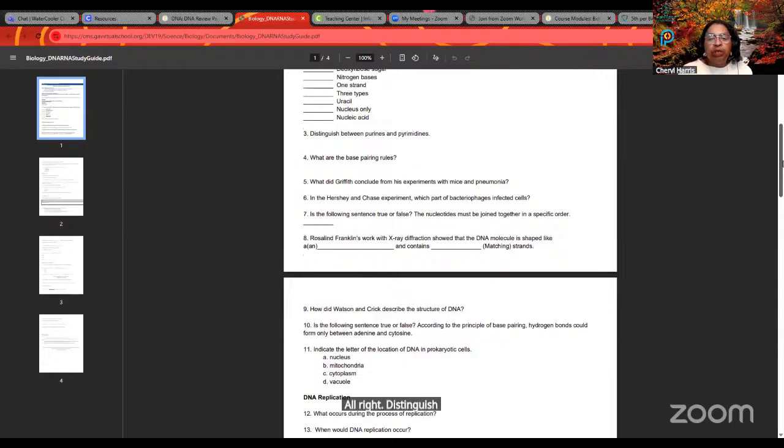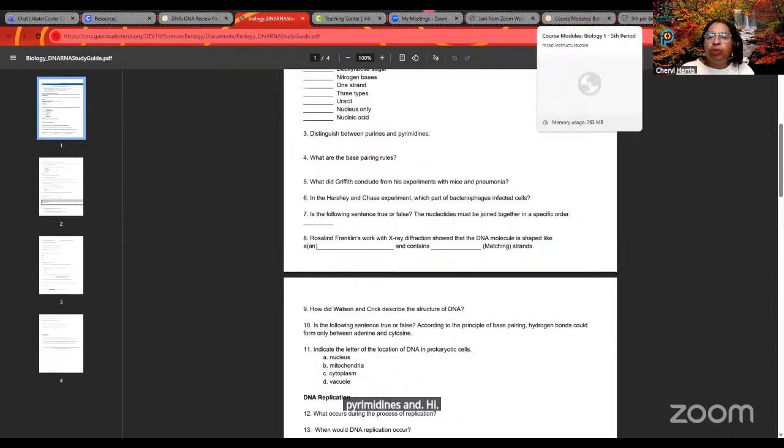Distinguish between pyrimidines and purines.